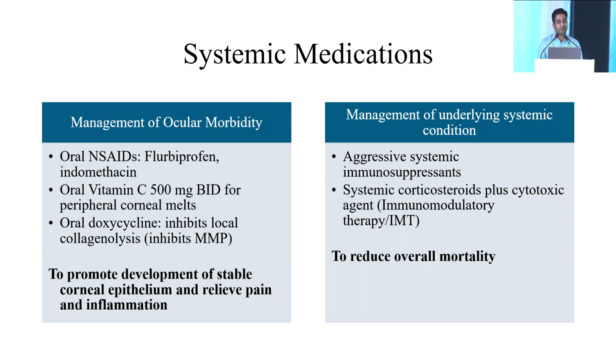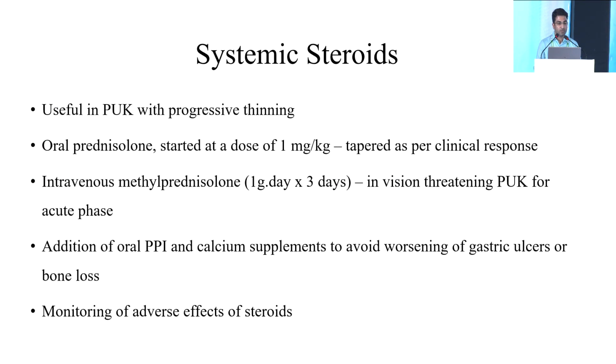So other systemic medications like oral NSAIDs, vitamin C, doxycycline can be used. And as I said, aggressive systemic immunosuppression and corticosteroids can reduce the morbidity. Systemic steroids can be useful in PUK with progressive thinning.